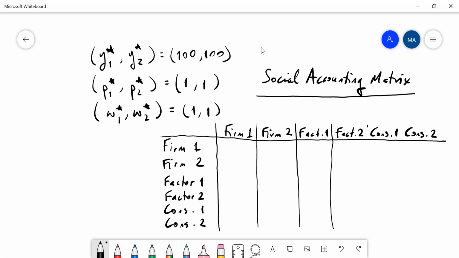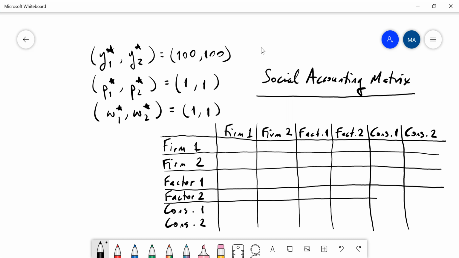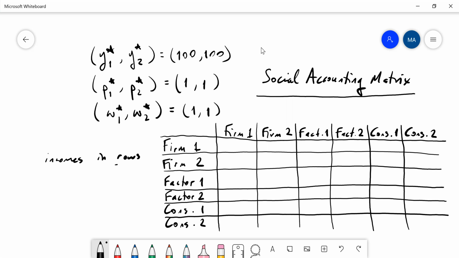Now we want to keep track of all the expenditures and all the incomes in the economy. And typically, we want to put incomes in rows and expenditures in columns.